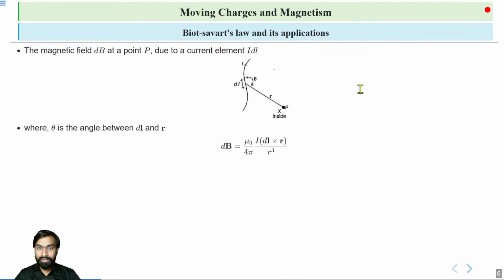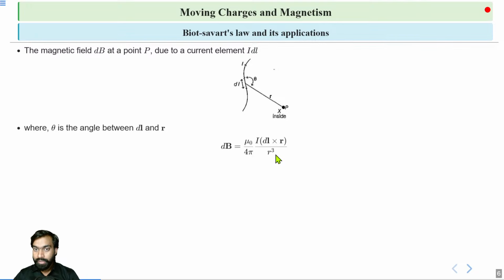So let's see the mathematical expression. The magnetic field dB at point P due to current element Idl is given by the Biot-Savart formula. So dB equals mu naught I into dl cross r divided by r cube.